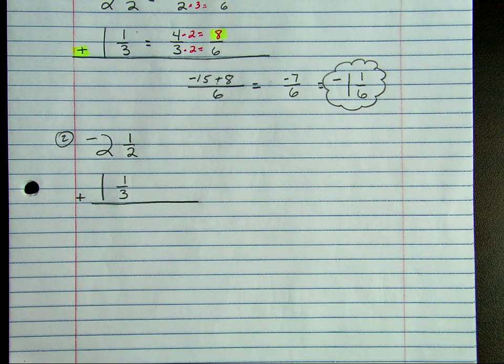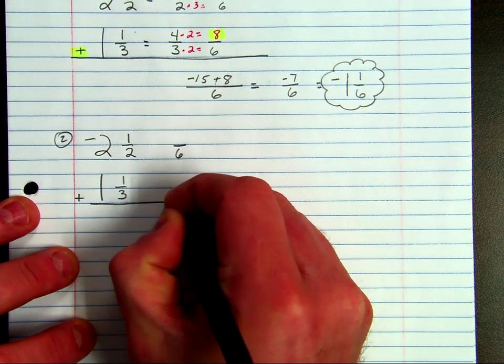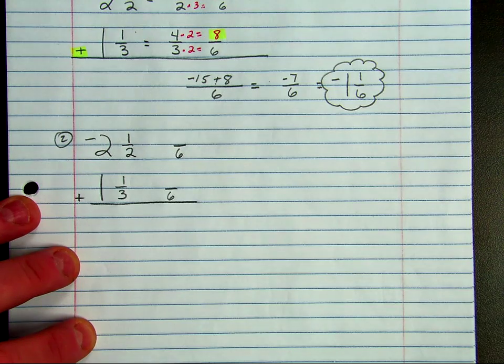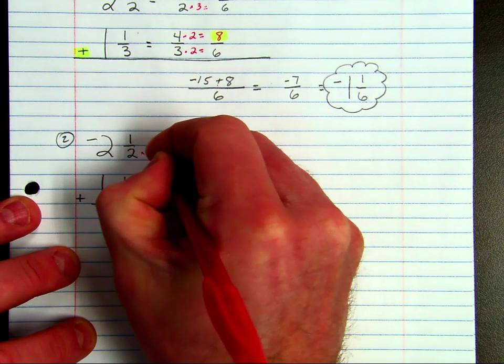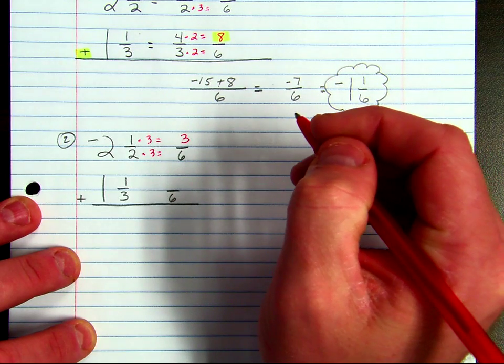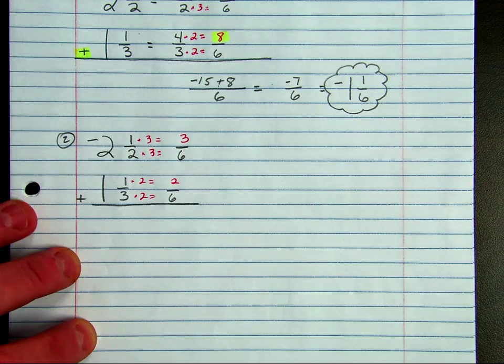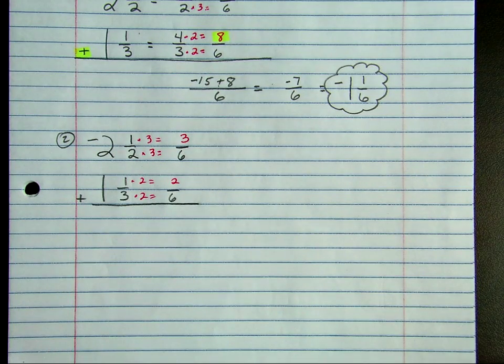We still have negative 2.5 plus 1/3. The common denominator is still going to be 6. My numerators are still going to be 3 and 2. Now this is where we need to think. It says to add, right?